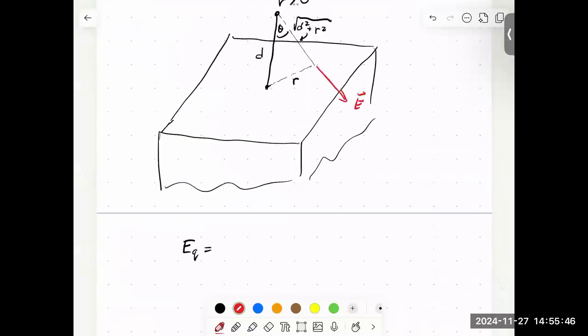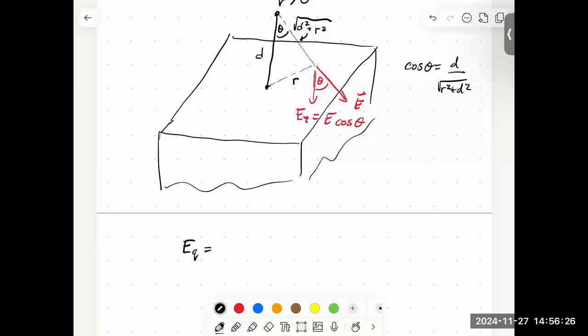The z component is going to be something like this, E_z, with that angle theta, and this is equal to E cos theta. So I want to know what cosine theta is, and from the upper black triangle, cosine theta is the adjacent side d divided by the hypotenuse. So we'll make a note: cos theta is d over the square root of r squared plus d squared.